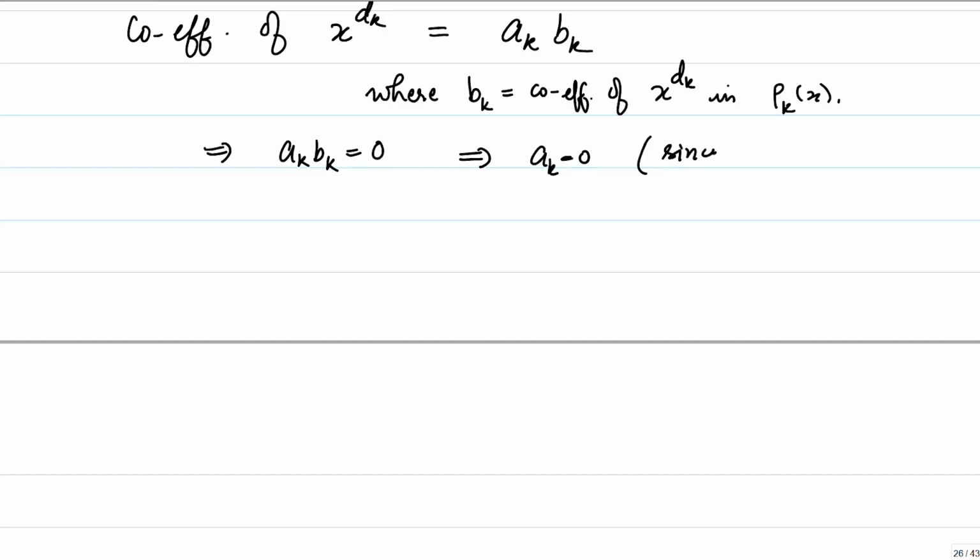Let me just note down the reason. Since bk equal to 0 implies that the degree of pk is not equal to dk. But we know that the degree of pk is equal to dk, and therefore bk cannot be 0, and therefore ak has to be necessarily 0.